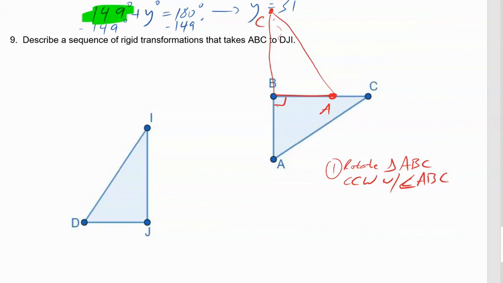So a translation is the next one. I have to move this triangle right down here. So I need to move to where C can map onto I and B can map onto J, and then A is coming down for the ride. All right, so A is right here.